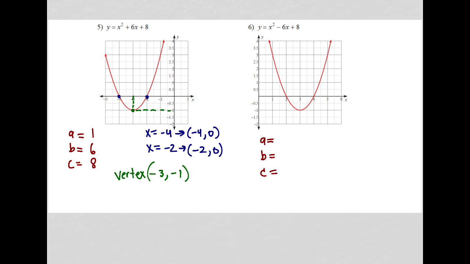Again, if there's no number out in front, it's a 1. If there's no number out in front of the variable, it's a 1. So we have a 1. We got a -6 in the B slot, and then we got an 8 as your C.